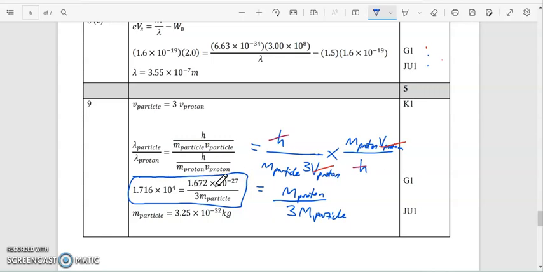Gantian means substitution for the mass of proton and for the ratio of the wavelength. And JU, jawapan and unit, 1 mark for the final answer. So that's for question number 9.